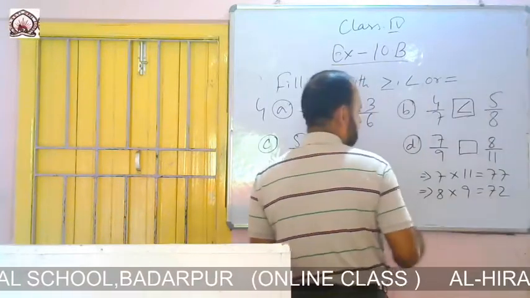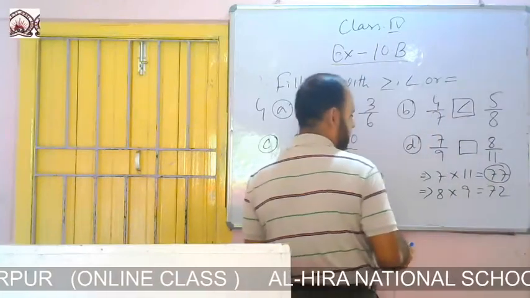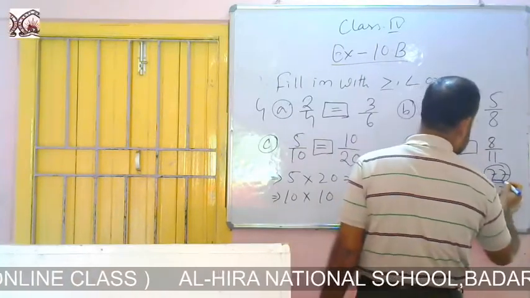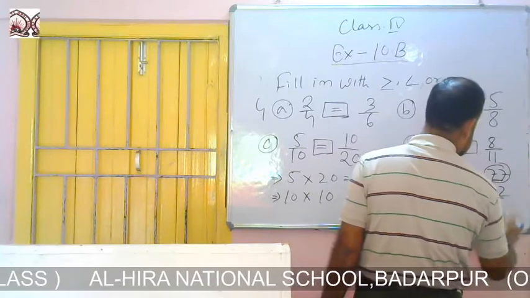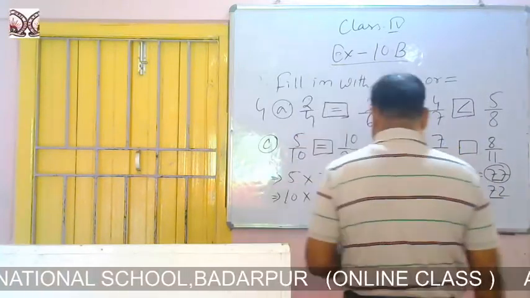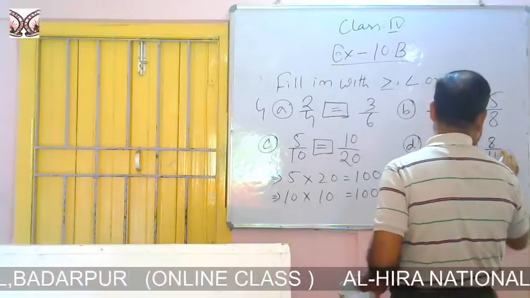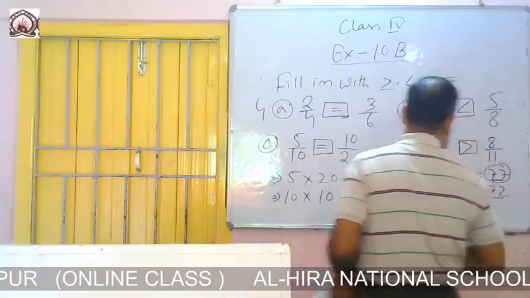So the first fraction is greater because the product of the first fraction is 77 and the second fraction is 72. So this one is greater. 7 by 9 is greater than 8 by 11.